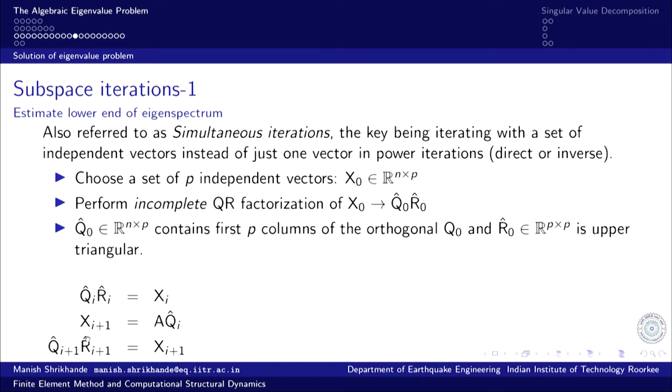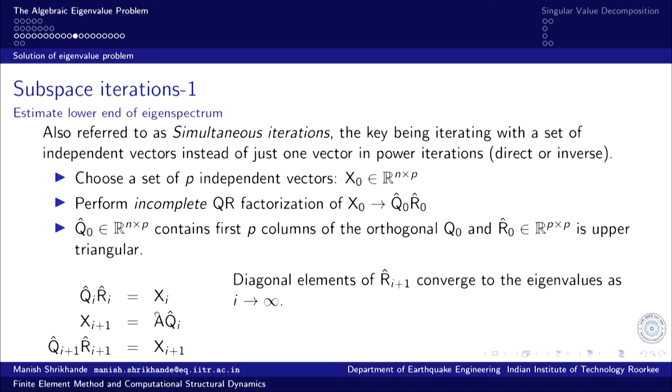Once I obtain this new set of trial vectors x i plus 1, I again decompose them into the factorization q i plus 1 multiplied by r i plus 1 hat, and again go back to the system. The diagonal elements of r i plus 1 hat converge to eigenvalues as i tends to infinity. As iterations progress, the diagonal elements of this triangular matrix R would converge to the eigenvalues.